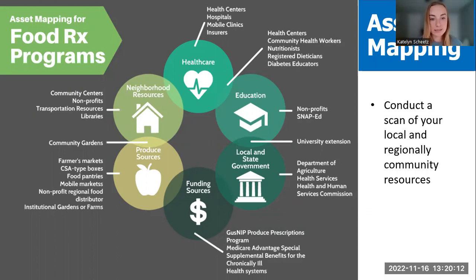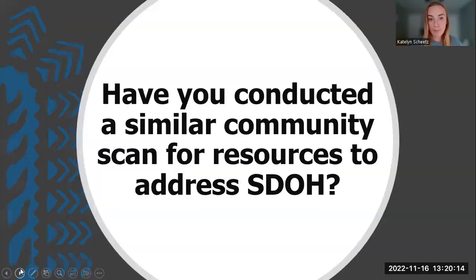And we can go to the next slide, I believe. So I'm curious, have you ever conducted a similar scan for resources to address social determinants of health? Go ahead and share in the chat. Have you conducted anything like an asset mapping activity in the past? And maybe for those of you who are aware of what sort of resources are available in your community, are you currently referring to any of the organizations that you found?